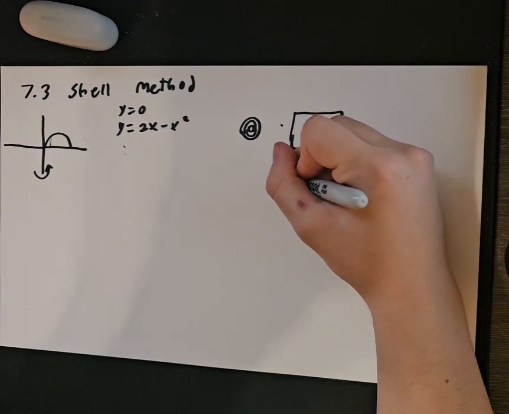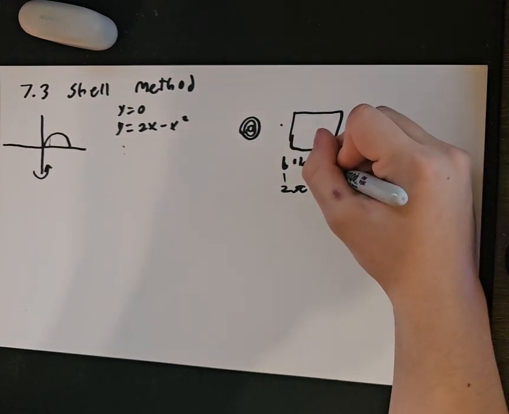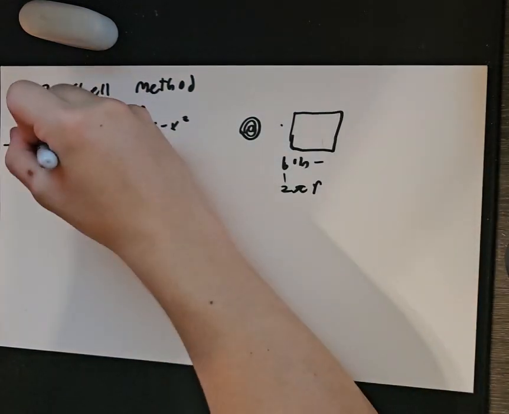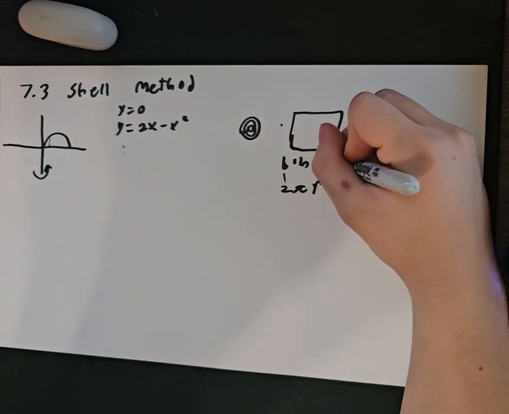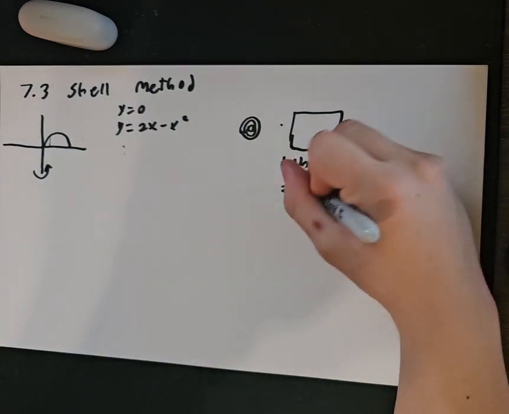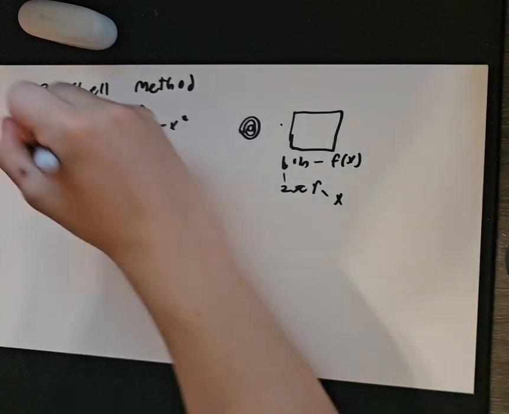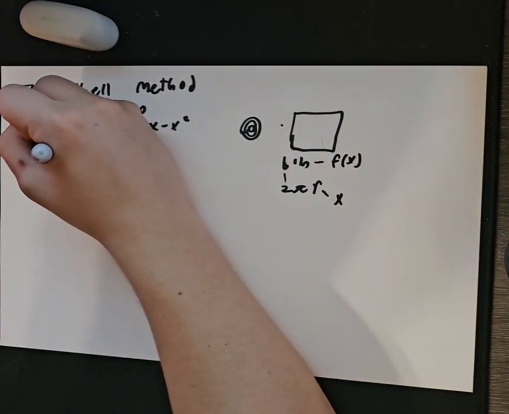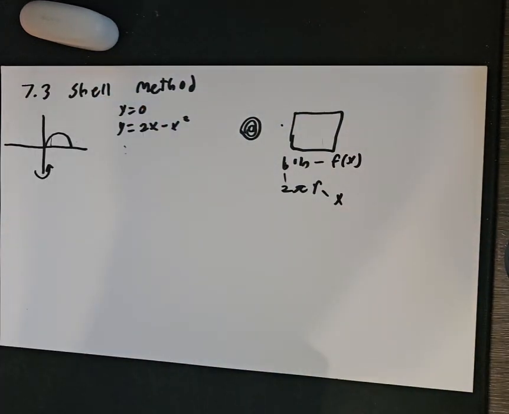And so the base is 2 pi r, the height is the height of this function. In this case, it is our function, so the height is f of x, and r is equal to x. From here to here, that's x. From here to here, that is f of x.